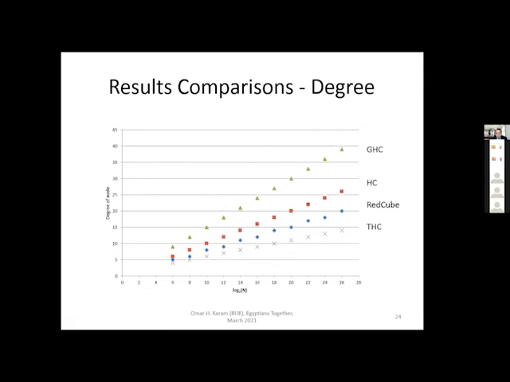We've done some comparisons with respect to the number of links, or degree of node. This is the generalized hypercube. This is the hypercube. This is the reduced cube. And this is the thin hypercubes. So the degree of node, that's the number of links per node, has gone down, as you see in the graph in front of you. And this is log 2 of n.